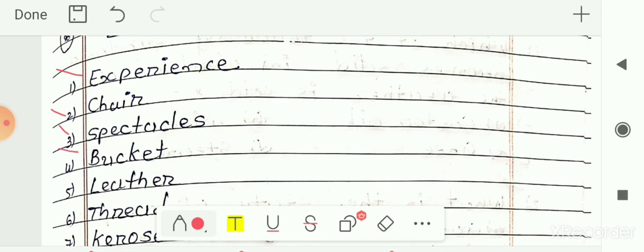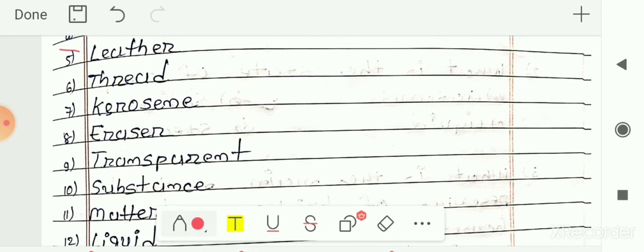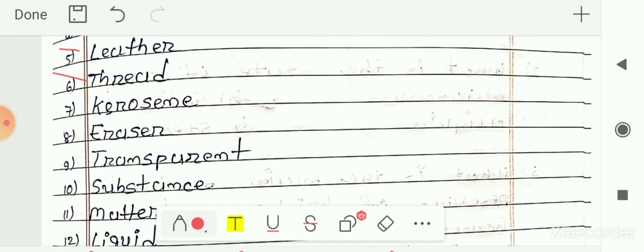Fourth is bucket, BUCKET, bucket. Fifth is leather, LEATHER, leather. Sixth is thread, THREAD, thread. Seventh is kerosene, KEROSENE, kerosene. Eighth is eraser, ERASER, eraser.